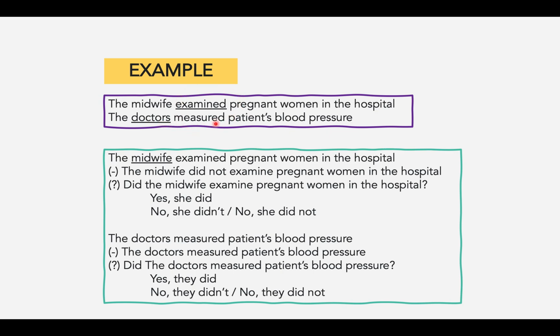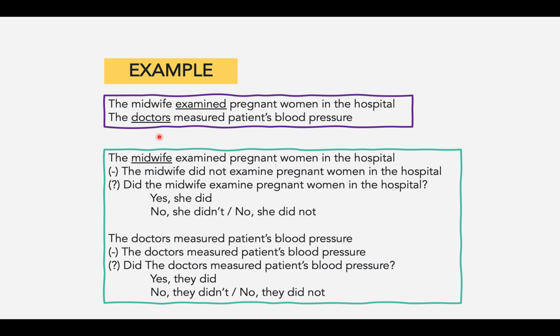It's verb 2, similar form. So for example here, the midwife examined pregnant woman in the hospital. And even if the subject is more than 1, this is a similar kind of verb. The doctors measured patient's blood pressure.